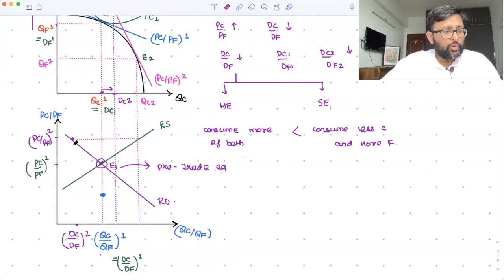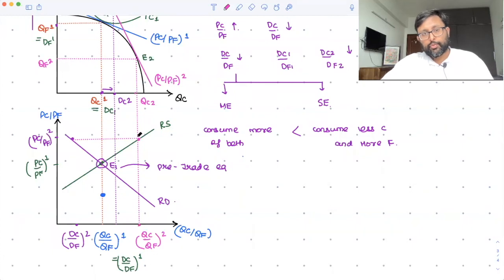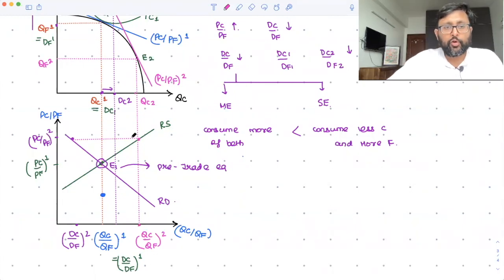So the production is going to be more and the consumption is going to be lesser. So at PC by PF2, the production of cloth is going to be QC by QF2. So at this relative price of cloth, the supply of cloth will be more, and the demand for cloth will be less.